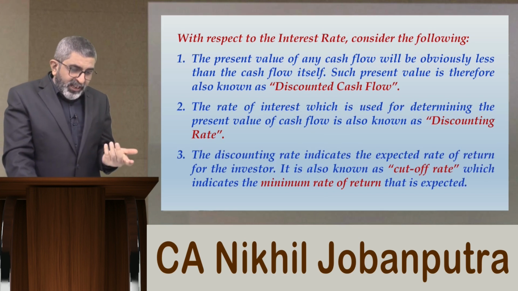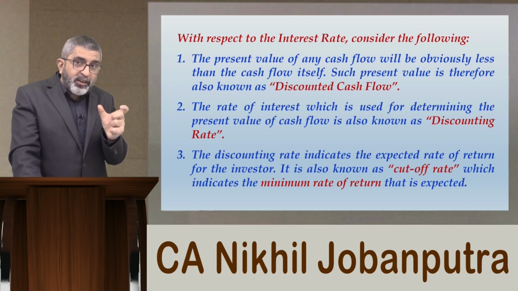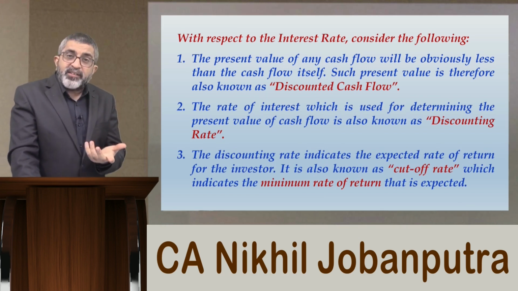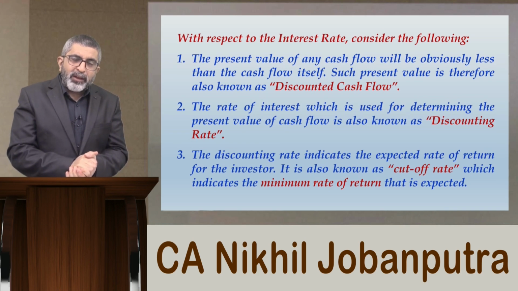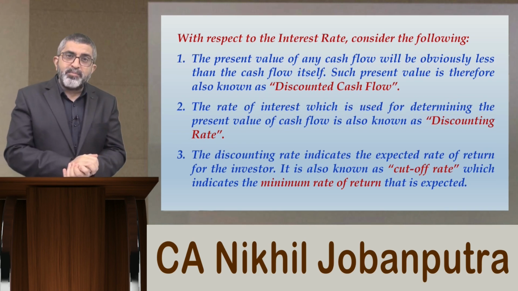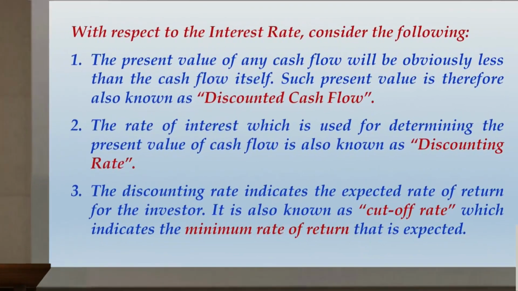And the discounting rate indicates the expected rate of return for the investor. It is also known as a cutoff rate because it indicates a minimum rate of return that the investor will be expecting from the investment. So I want you to note down these important points and then I take you ahead. So quickly take note of this whole thing.